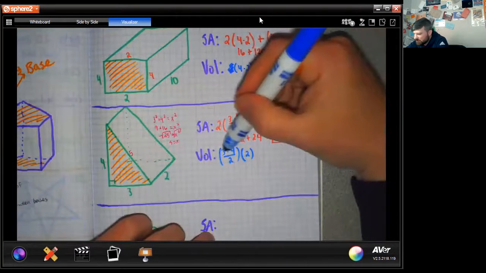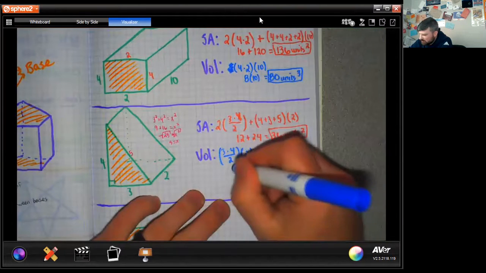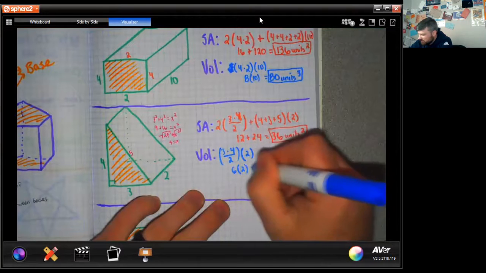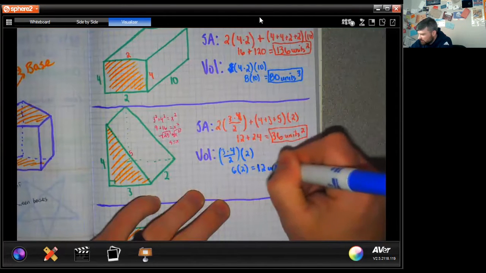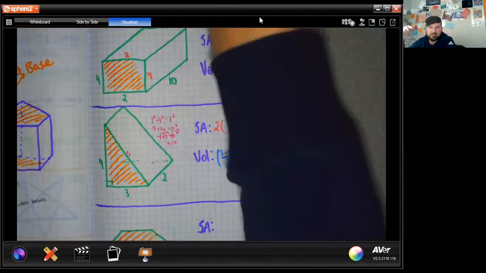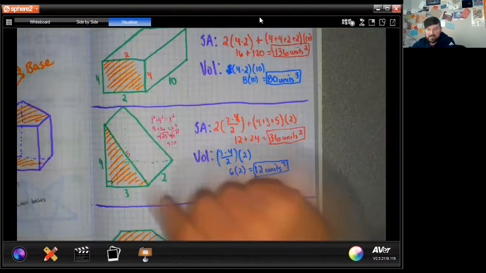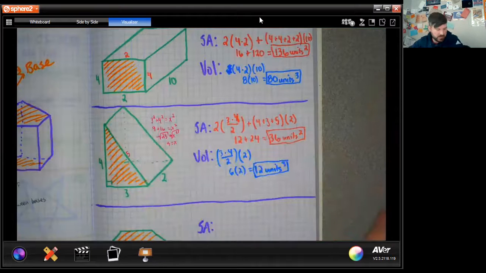So 3 times 4 is 12. 12 divided by 2 is 6. 6 times 2 is 12 units cubed. Now, the hard part on this stuff is being able to find the area of the base and maybe finding missing sides that you need.